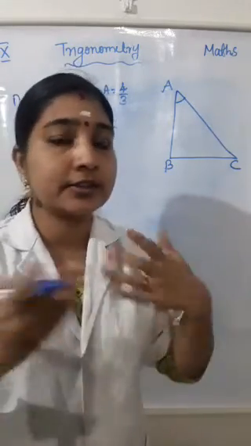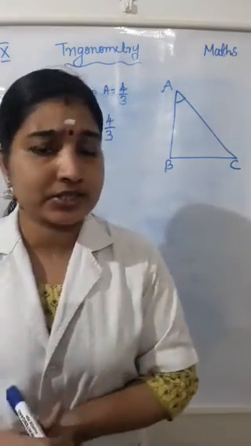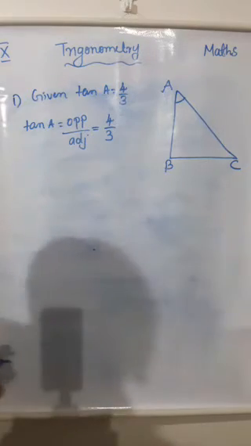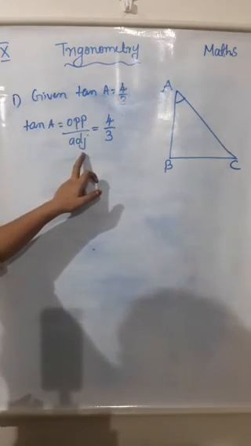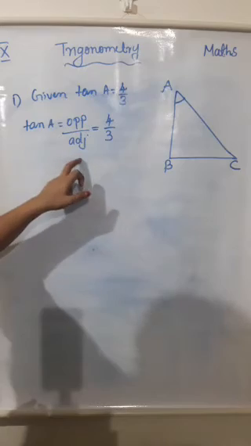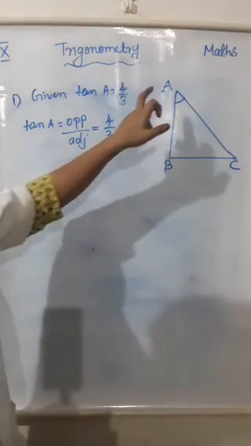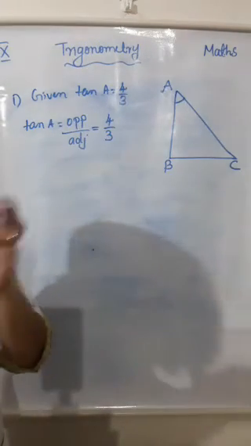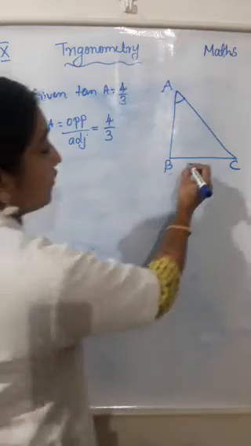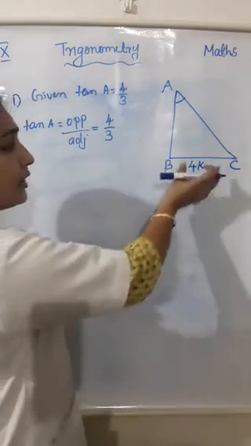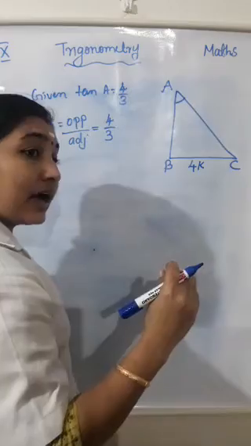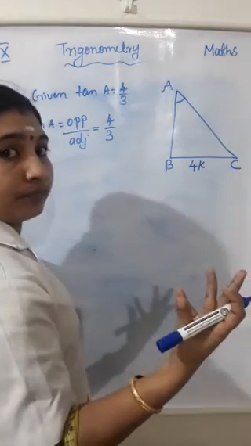Yes, 4k, 3k, 5k, etc. So we can take like that. Tan A is equal to opposite side by adjacent side. Here, which is the opposite side of A? That is BC. So we can write here 4k. That means the side BC is a multiple of 4.